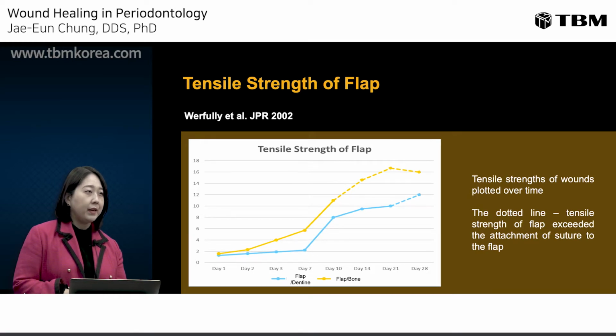The tensile strengths for the dentine interface were less than half the values seen for the bone interface at all time points up to 7 days. It means that there is no blood supply around the dentine, unlike bone. We need almost 3 weeks to get enough tensile strength to flap and root surface interface.